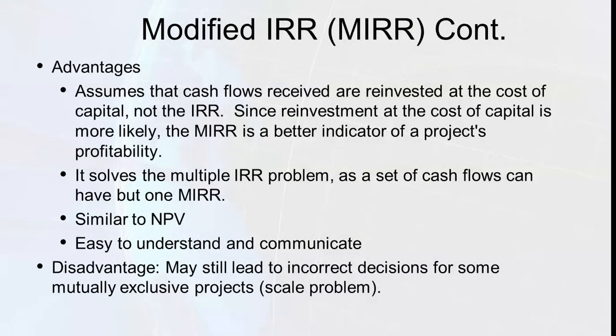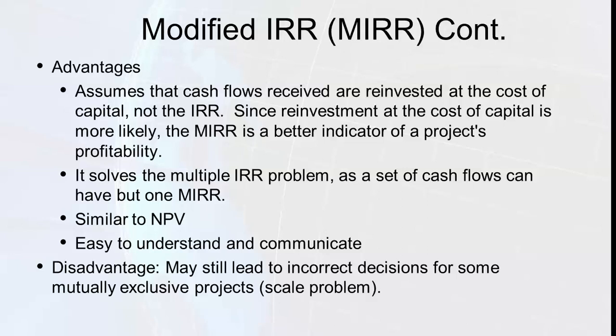There are some advantages of the modified internal rate of return. It assumes that cash flows received are reinvested at the cost of capital, not the internal rate of return.